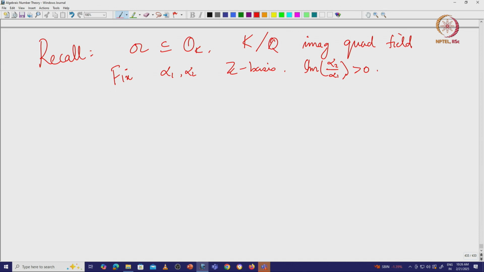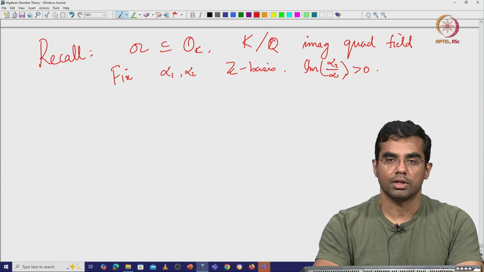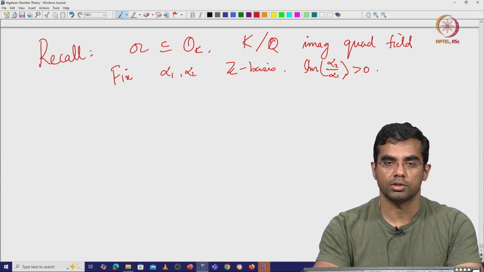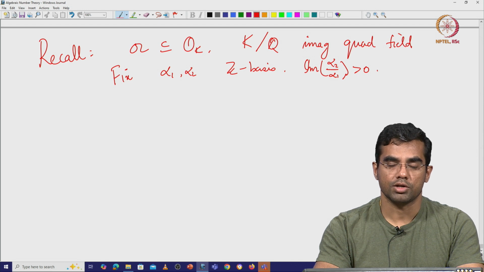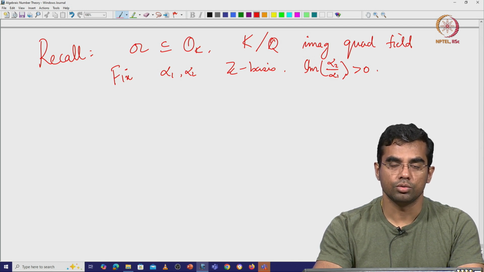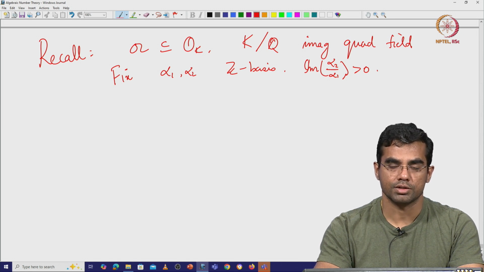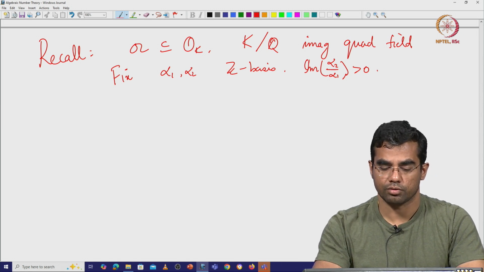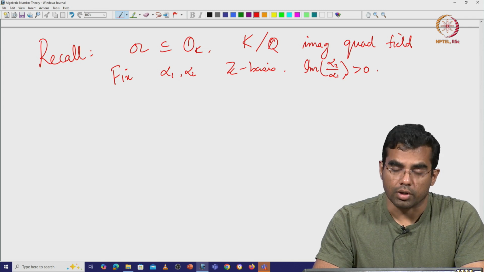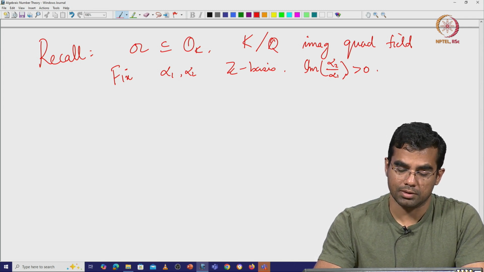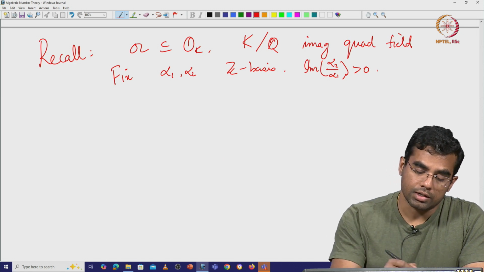And the imaginary part can't be 0, because this will mean that alpha 1 and alpha 2 are linearly dependent over real numbers, but K is an imaginary quadratic field. So, two elements of K that are linearly independent over Z will also be linearly independent over R. Of course, that is not true for a real quadratic field. Alright. So, what did we do?